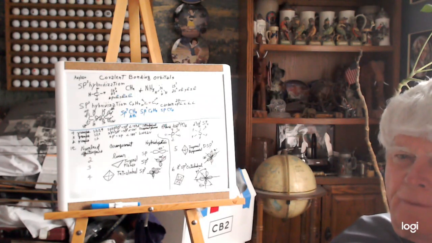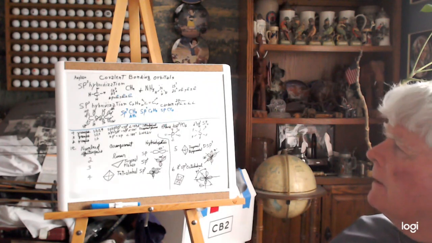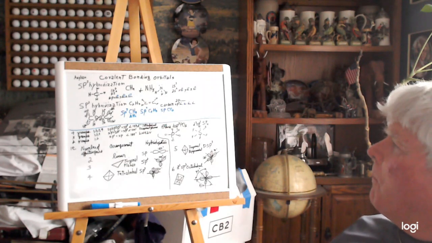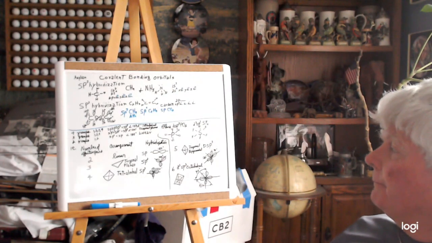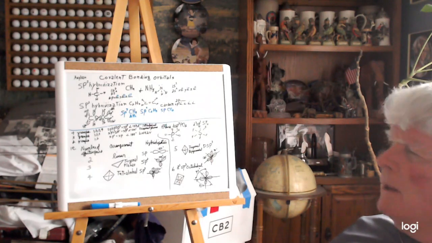The one you're most familiar with, of course, is the sp3 hybridization, which is methane and ammonium. It's also the same one that's water. Water is sp3 at 109.5 degrees for the angle. So you got that one as the predominant.